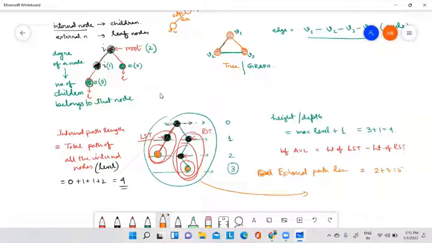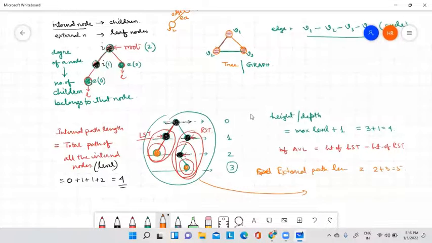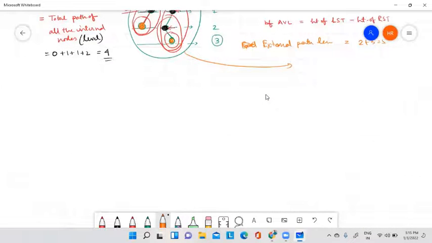We have also discussed another definition, which is the full binary tree. A full binary tree means the picture is like this: each level has the maximum number of nodes.